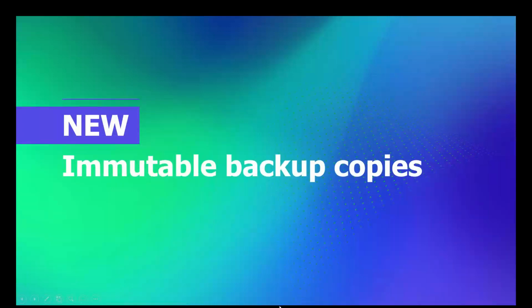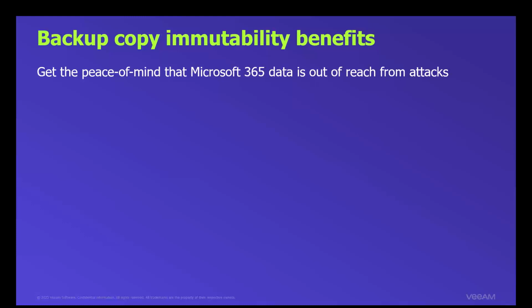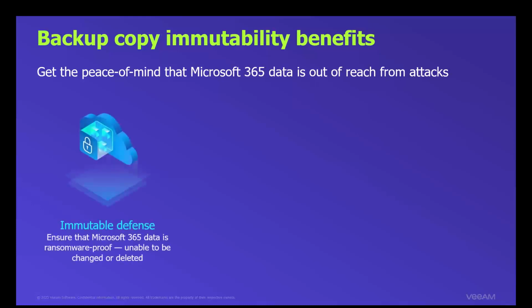Onto immutable backup copies. It's self-explanatory, obviously. The benefit of immutability is that malicious encryption and deletion is prevented. So you get the peace of mind that Microsoft 365 data is out of reach from cyber attacks.